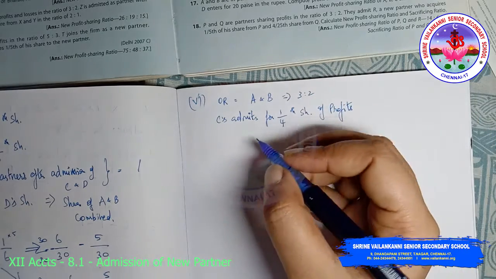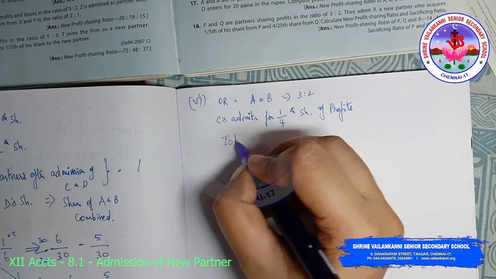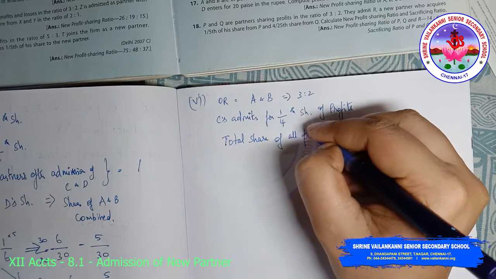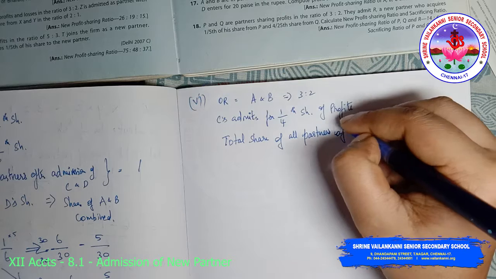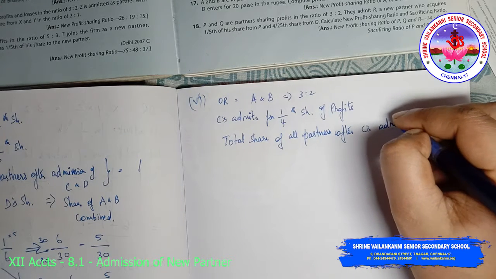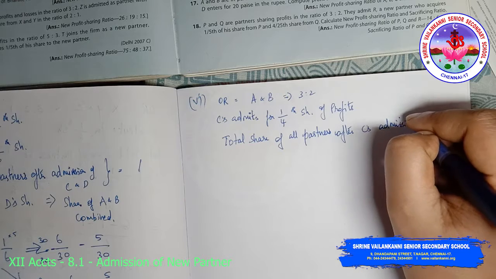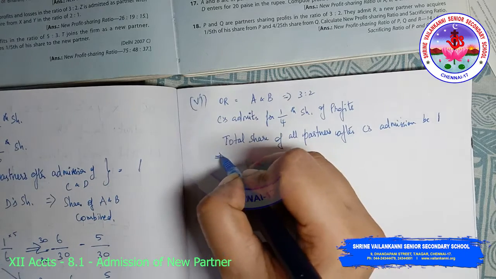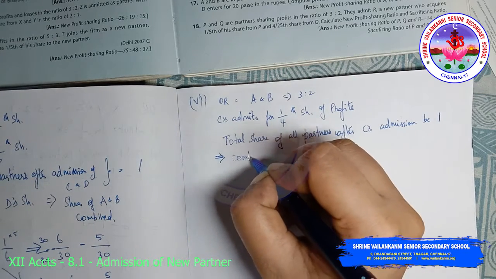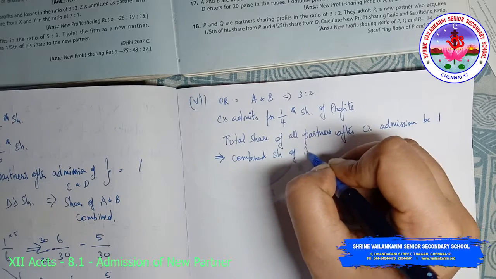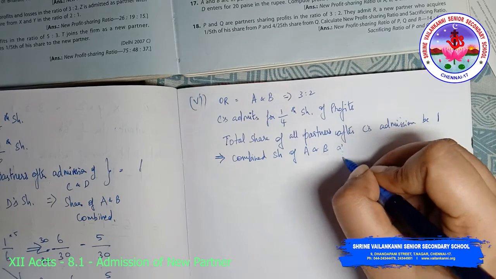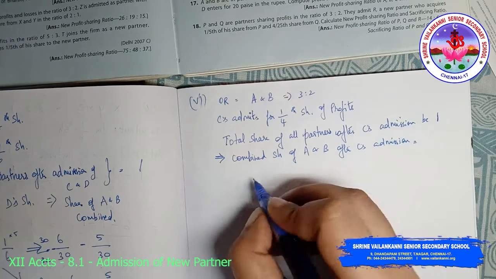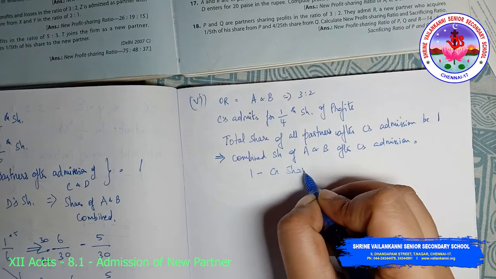Okay, so the total share of all partners after C's admission be 1. Then the combined share of A and B after C's admission will be 1 minus C's share.